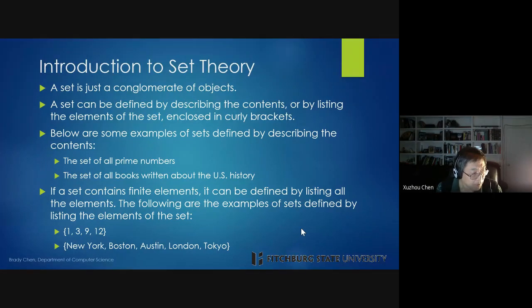In math, a set can also be defined by describing the contents, what's inside the set, or by listing the elements of the set, enclosed in curly brackets. So you have two ways to describe the set. One is by describing the contents. The second is to list all the elements of the set, enclosed with curly brackets.